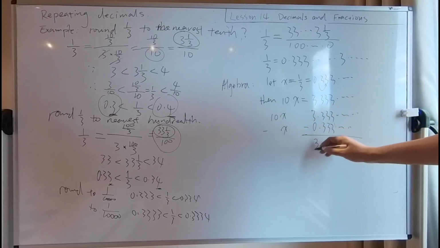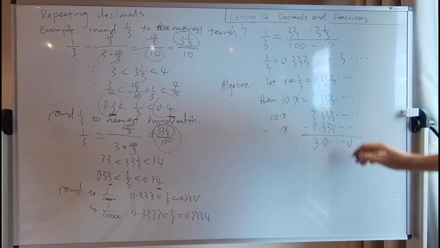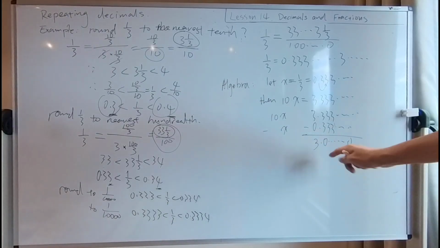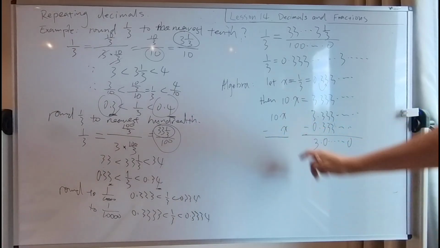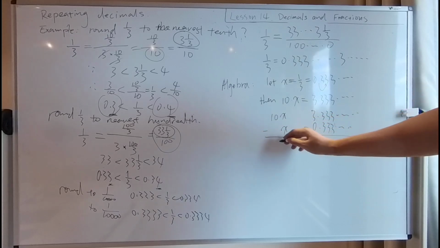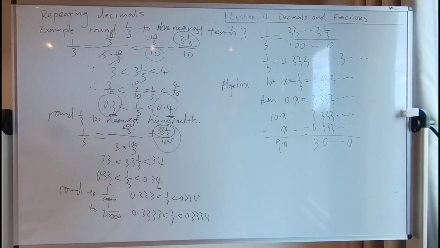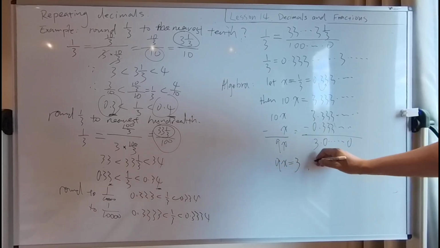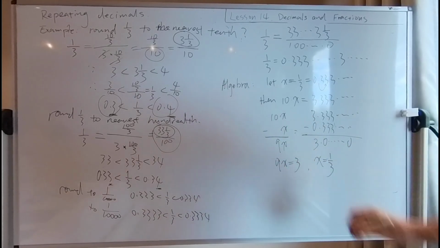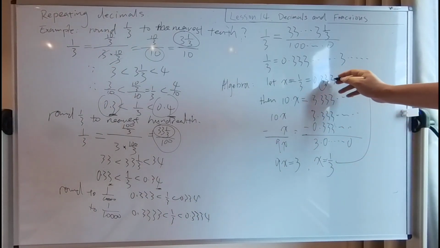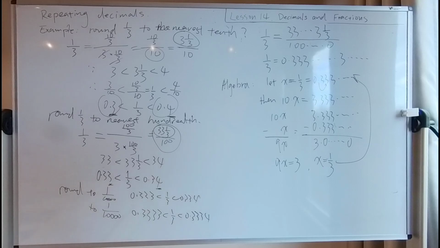But the first digit, 3 minus 0, is 3, so it's 3.0 with infinitely many 0's. But 0's after the decimal point mean nothing, so it's just 3. And on the left-hand side of the equation, 10x minus x is 9x. So we have 9x equals 3. We can solve from here that x is 1 over 3. And this proves that 1 over 3 equals 0.333 with infinitely many 3's.